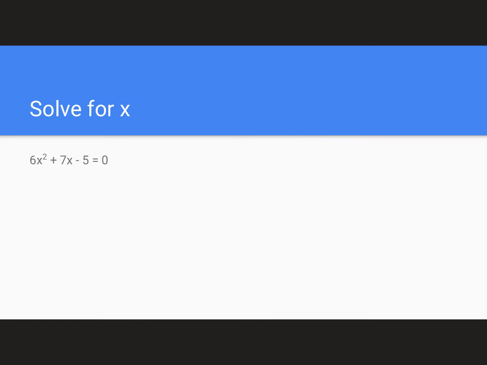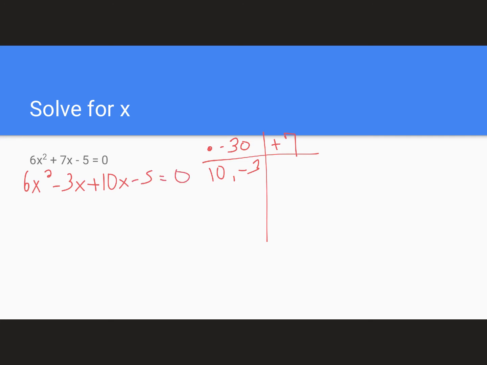One more time. Again, we are going to find numbers that multiply to negative 30 and add to 7. So that's just going to be a positive 10 and a negative 3. So 6x squared minus 3x plus 10x minus 5 equals 0.